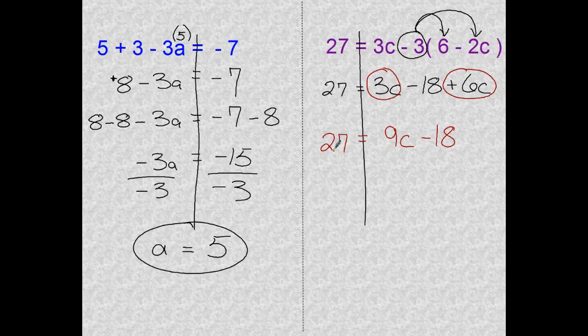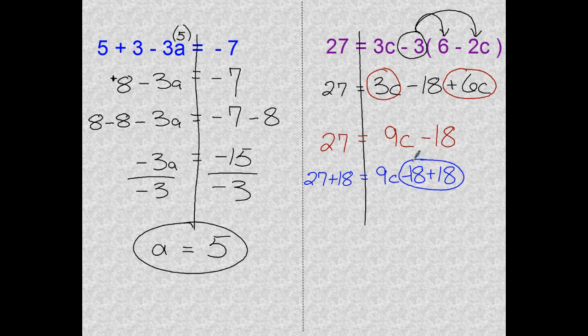So I have to get rid of this -18 as you've learned, so we're going to do the opposite and add 18 to both sides. Here we've gotten rid of our 18s on the right and we're left with 9c.